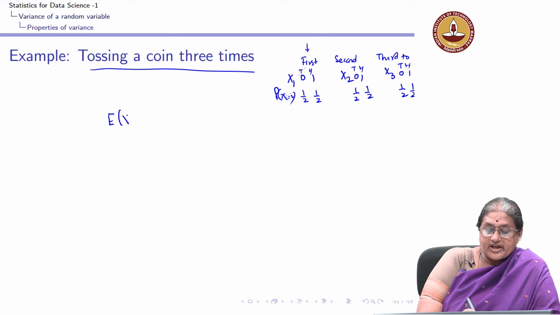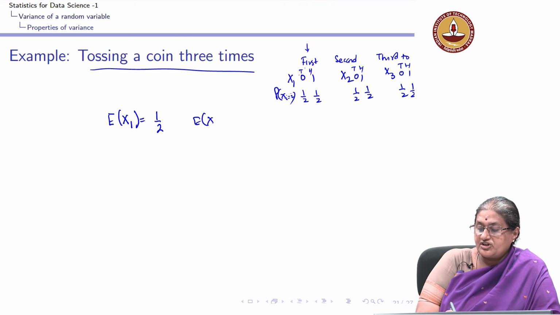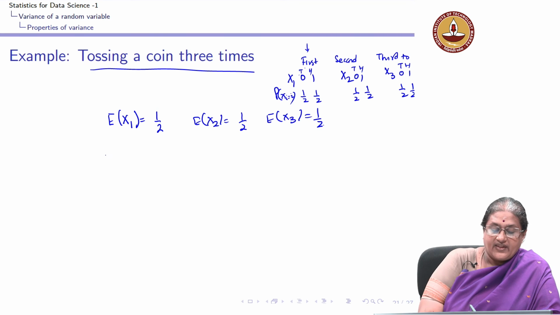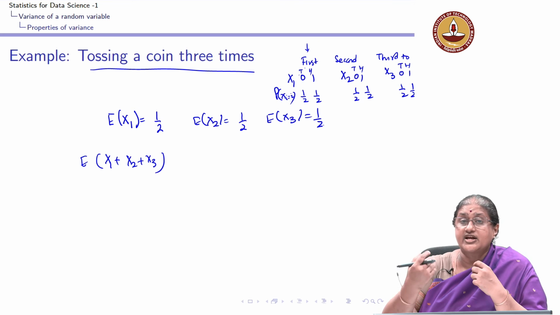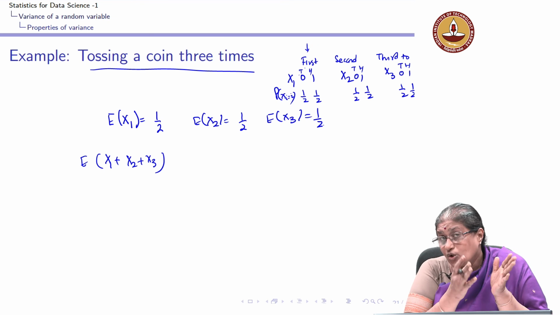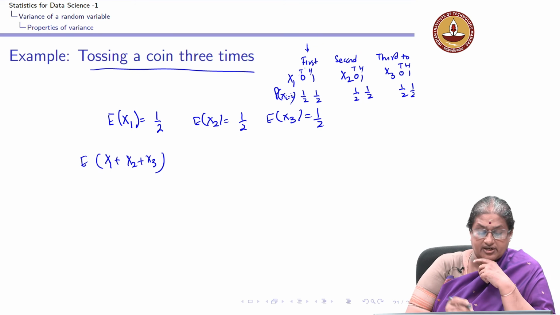We also know the expectation of x1 is equal to half, the expectation of x2 is equal to half, and the expectation of x3 is equal to half. x1, x2, x3 are the outcomes of my first toss, second toss and third toss. I know they are independent of each other.